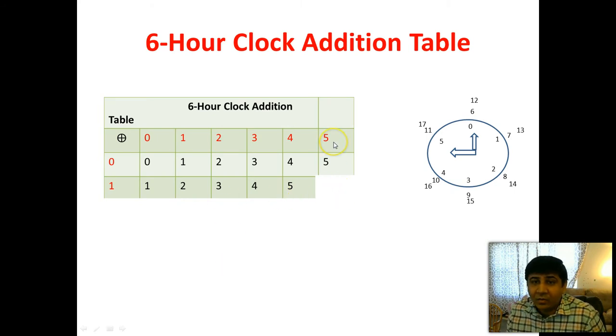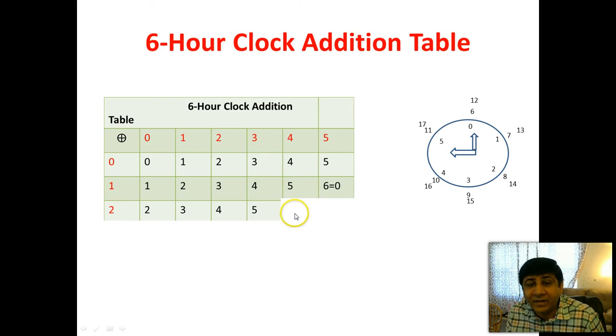If it is 5 o'clock right now, what will be the time after 1 hour? We add 1 to 5, and that gives us 6. But 6 is not on our clock. 6 means 0, so it will be 0 here. Our table will not go beyond 5. We will have 0 to 5, and that's it. Similarly, if you add 2, everything will be fine unless you hit 6.